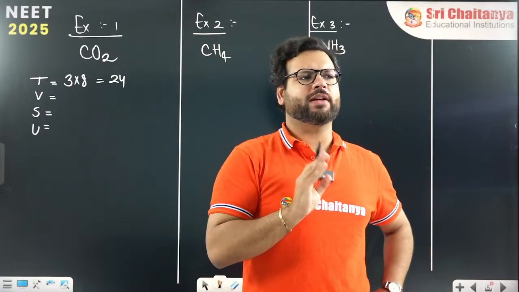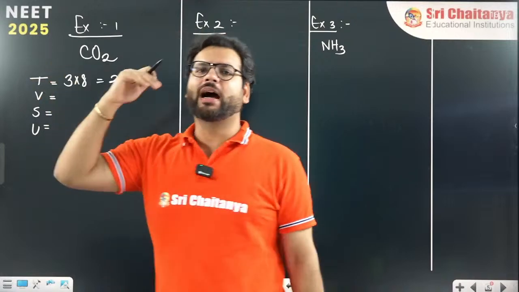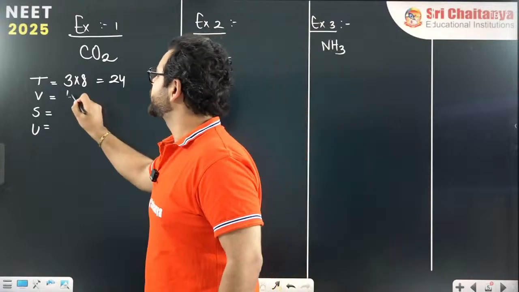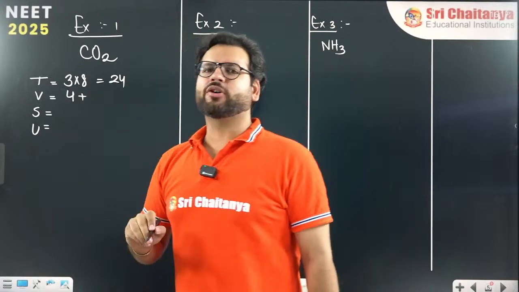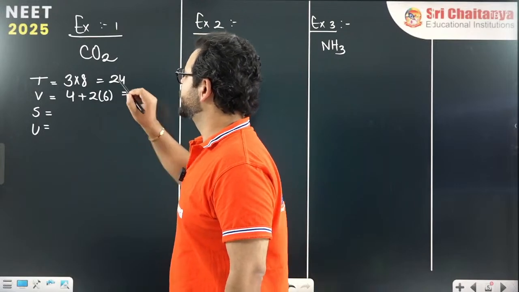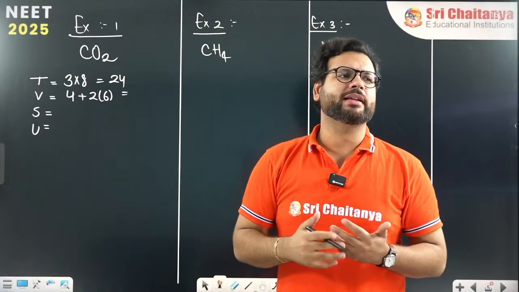Next is V, valence electrons. We know that carbon belongs to group 14. Carbon has 4 valence electrons, and each oxygen has 6 valence electrons, so 2 times 6.